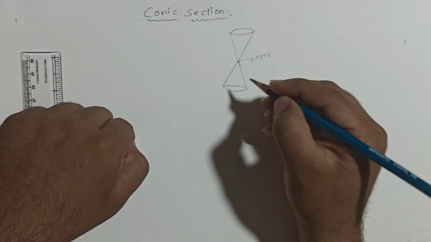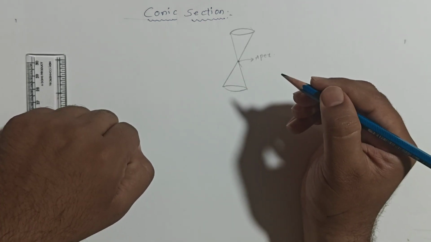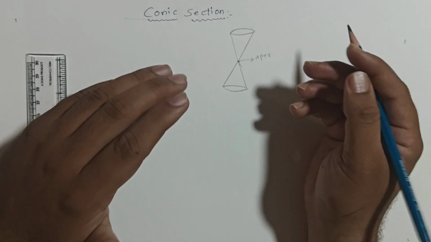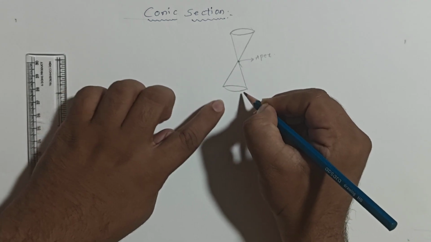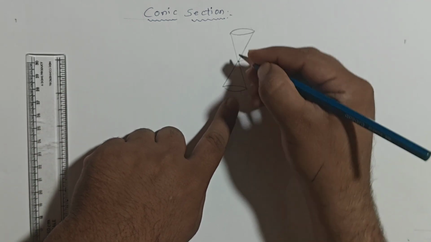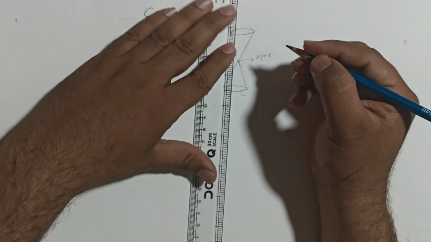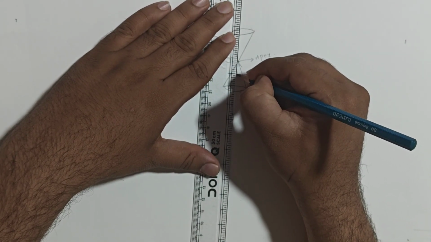Clear? Then this line, the right side line or left side line, is called the generator line, and the bottom of the cone is known as the base circle. The center line is called the altitude or axis of the cone.